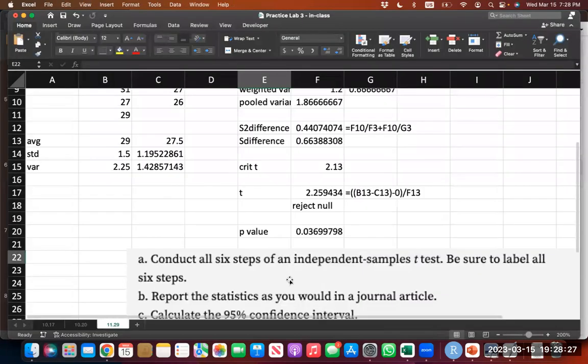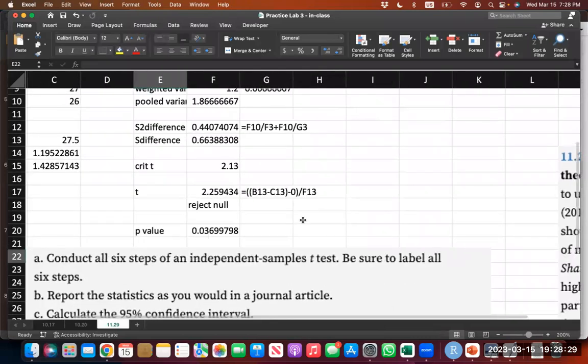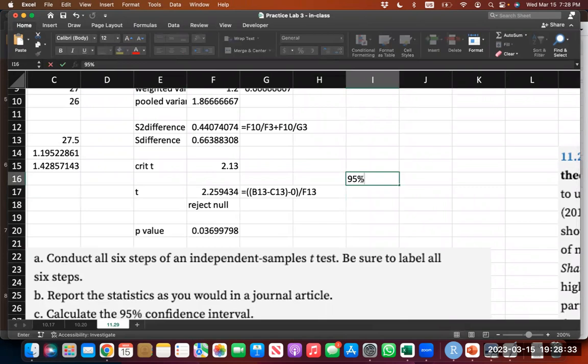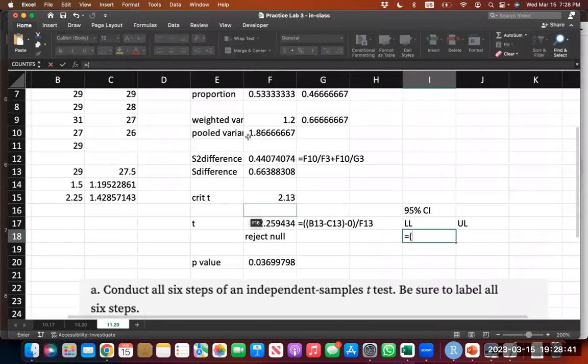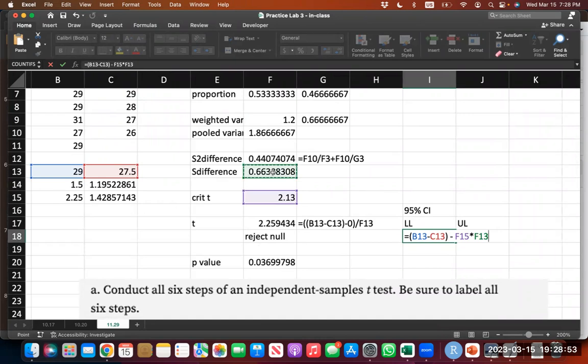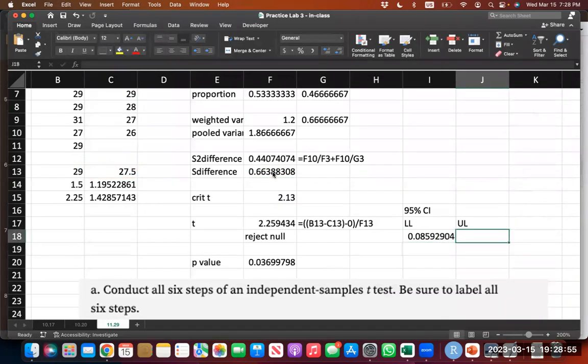So we can quickly do the 95% confidence interval, and we know that's super simple, right? So 95% CI, that's an LL, UL. So it's basically the difference. It's this minus this, minus our critical t multiplied by the standard error of the mean, which is 0.66. That's our lower limit.